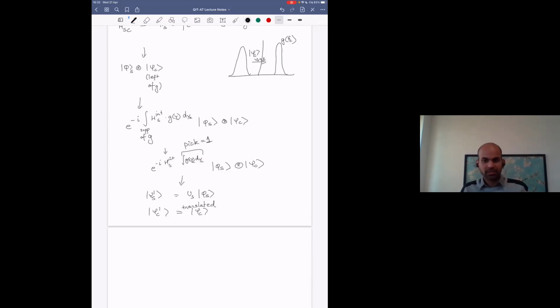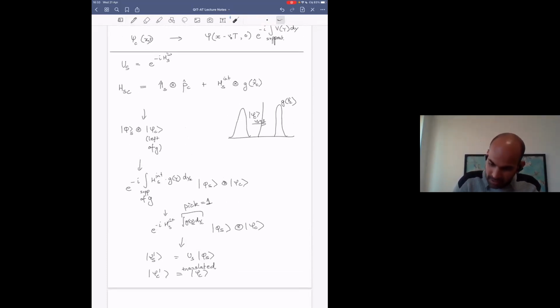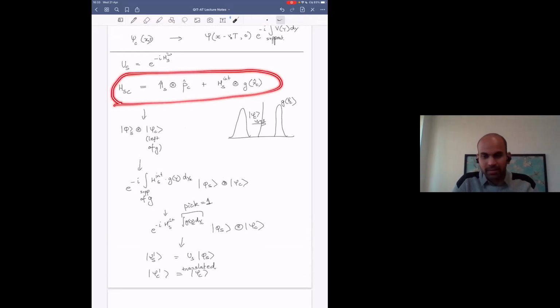So its position has changed, but the state of the system has not degraded at all. This is essentially a recipe: if I give you a unitary operation, I can convert it into an autonomous operation. Why do I say autonomous? Because this Hamiltonian has no time dependence in it. There is an implicit time dependence in the fact that the position of the clock is changing in time, and that's what induces the unitary, but we do not have to do anything explicitly. It can be an entirely closed system, and this will work fine.